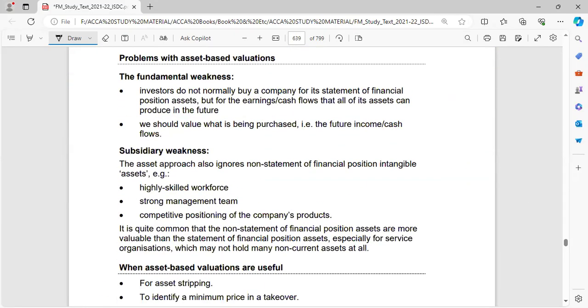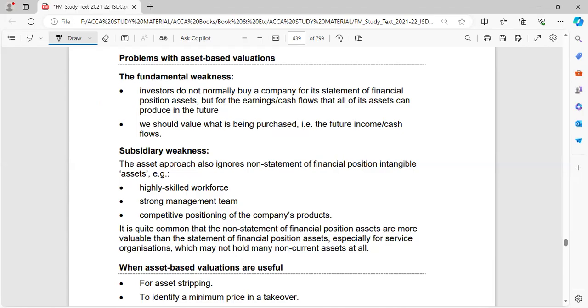Next one is problems with asset-based valuation. What are the problems with asset-based valuation? Number one is the fundamental weakness. Investors do not normally buy a company for its statement of financial position. Definitely, people do not buy a company on the basis of financial position.